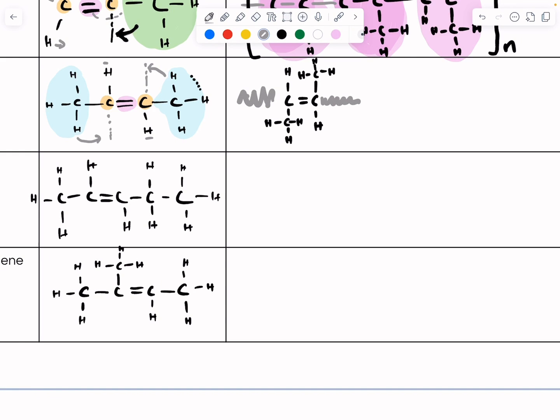There's all this space beside each of these carbons. So that's where I'm going to open up those double bonds. And so that is our single repeating unit.